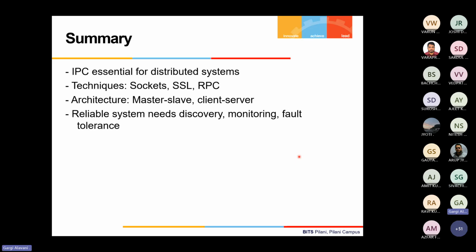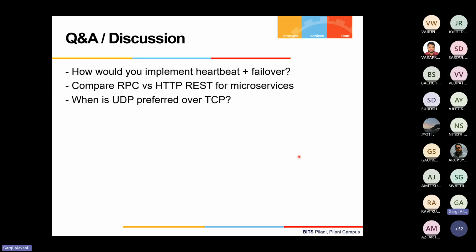We have seen the master and slave architecture, and we know that if we want a reliable system, it needs discovery, monitoring, and fault tolerance. So here are some Q&As. I want you all to spend time on them and think about them, and we will start our next session by discussing these questions. Then in the next class, we will learn about MPI and how we can do the first lab of your course. Okay.